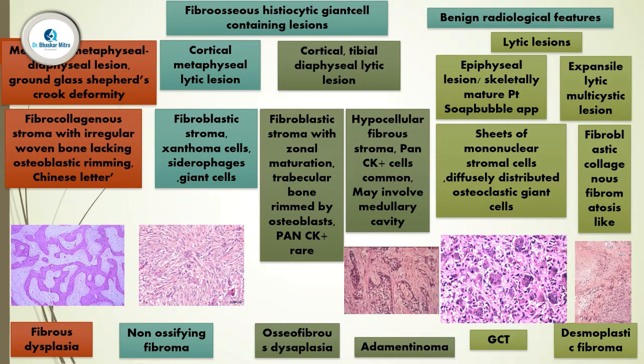Now after the osteoid lesions, we are going towards fibro-osseous or histiocytic lesions or giant cell containing lesions. These lesions are mainly located in the metaphysis and diaphysis with a ground glass appearance, and there may be a Shepherd's crook deformity in these cases.